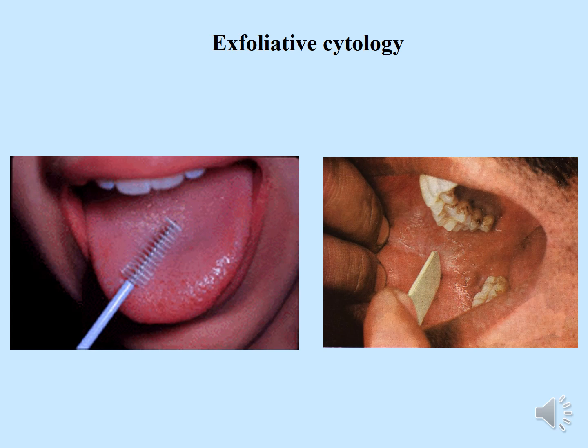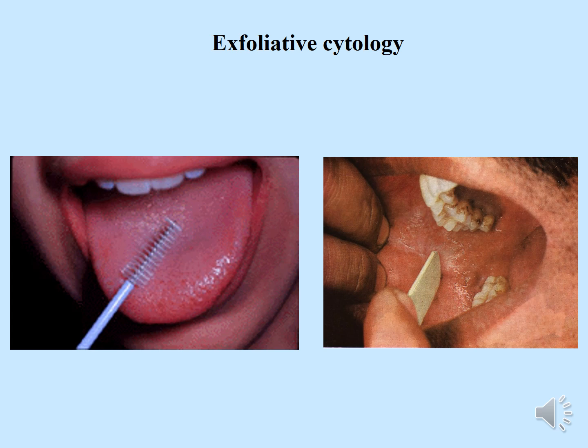Epithelial cells in the mucosa exfoliate once they mature, and the aim of this type of biopsy is to examine those cells that exfoliate or can be scraped off under the microscope to determine if there is any underlying pathology.